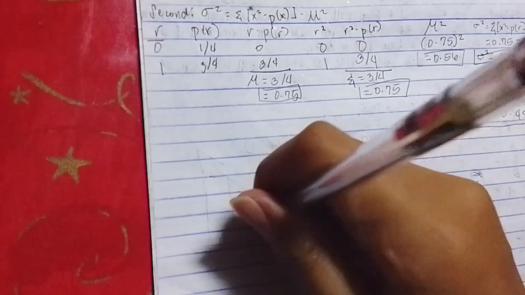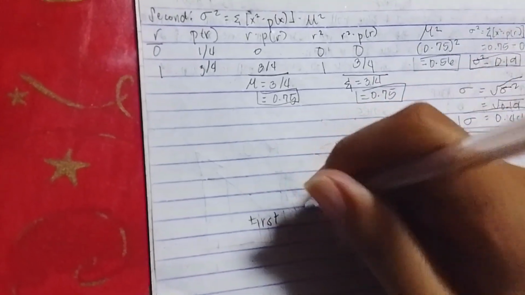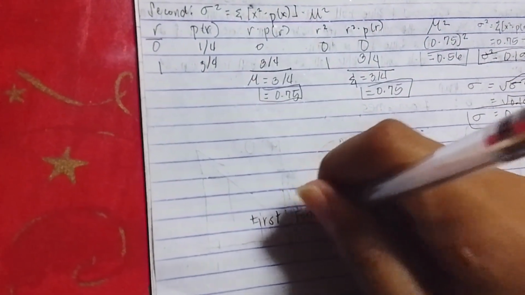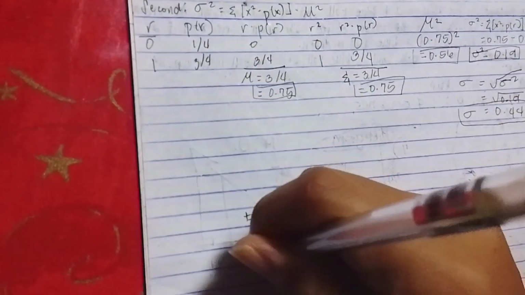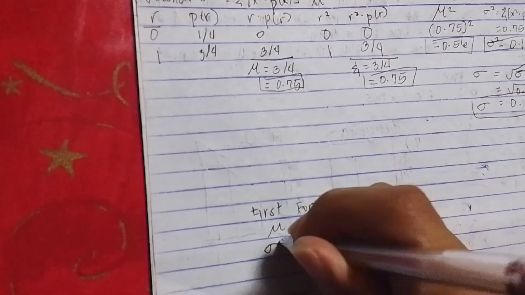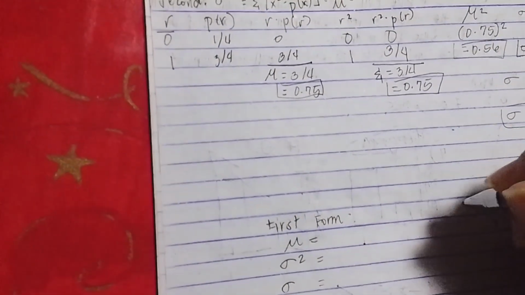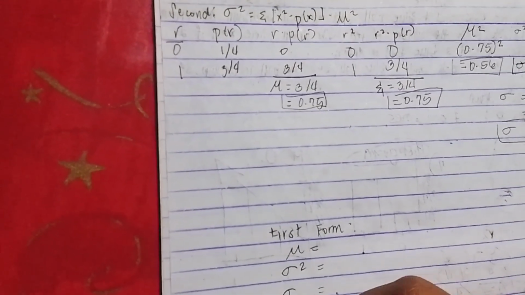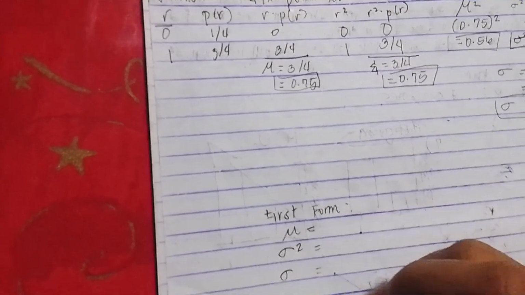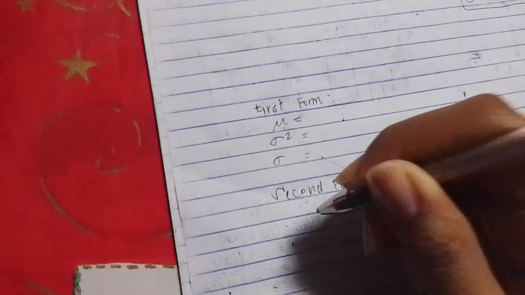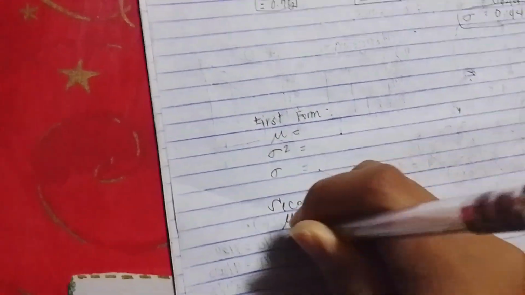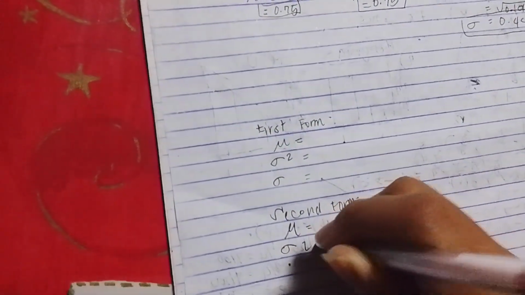So, in our first formula, our mean, our variance, and our standard deviation. Second formula, our mean, our variance, and our standard deviation.